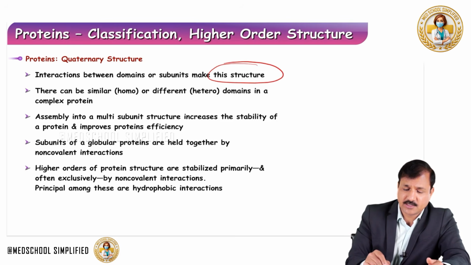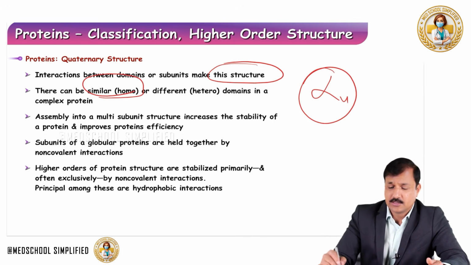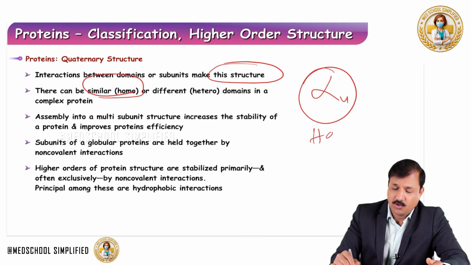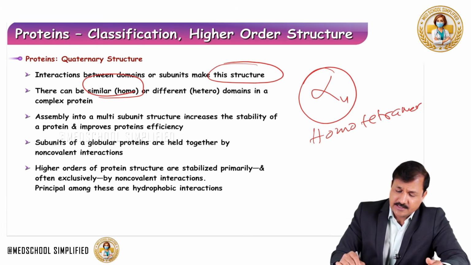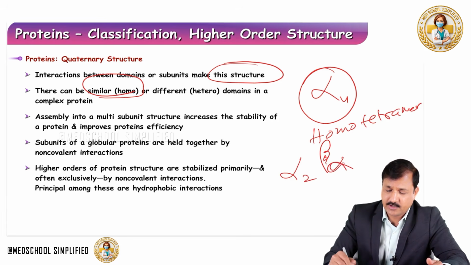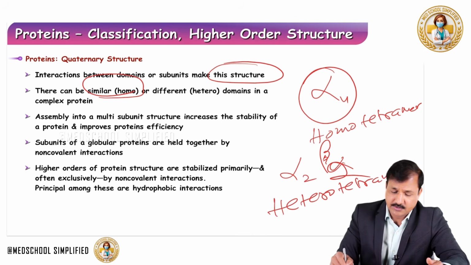If there are 4 subunits and all of them are of alpha type, alpha 4, we call it a homotetramer, because all of them are the same. Or if it is 2 alpha and 2 beta, just like in adult hemoglobin, it is referred to as a heterotetramer. This is how the naming goes.